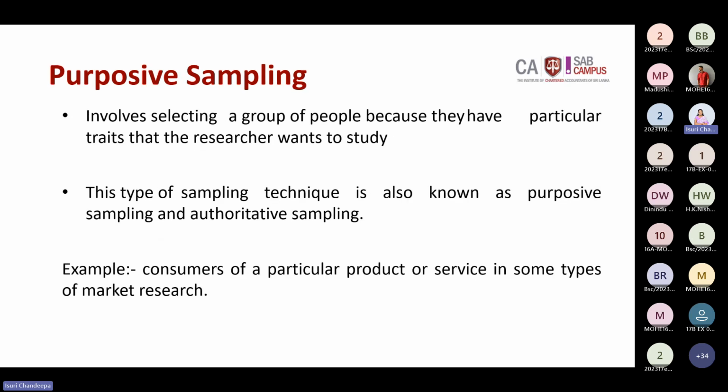Purposive sampling technique. Purposefully, we selected the sample from the population, right? It involves selecting a group of individuals because they have particular traits that the researcher wants to study.